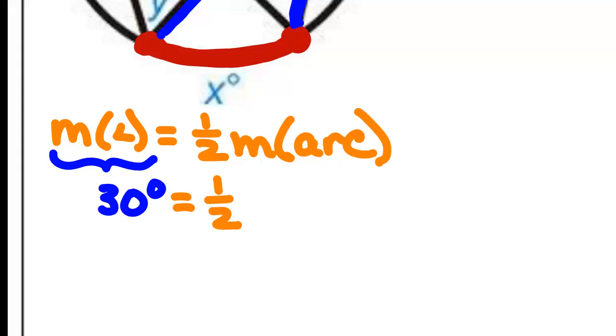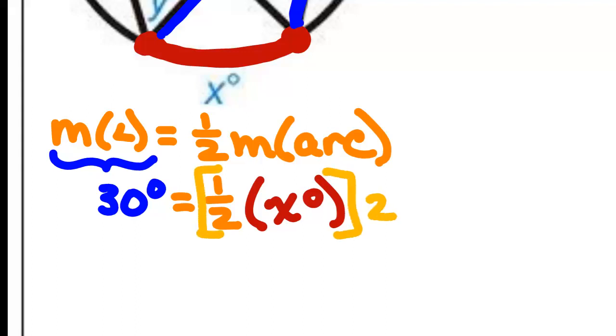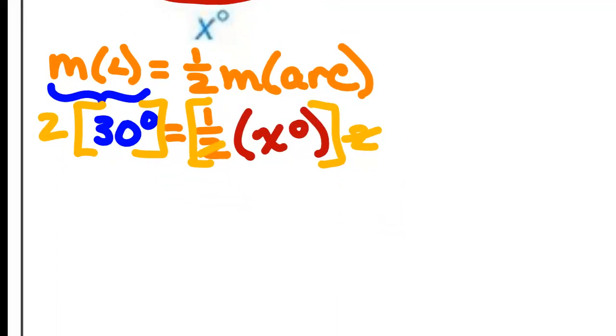And what's the arc? X. So 1/2 times x. I need to get rid of that 1/2 so that I have the x all by itself. Multiply by 2. And what is 30 times 2? 60. So x is 60.